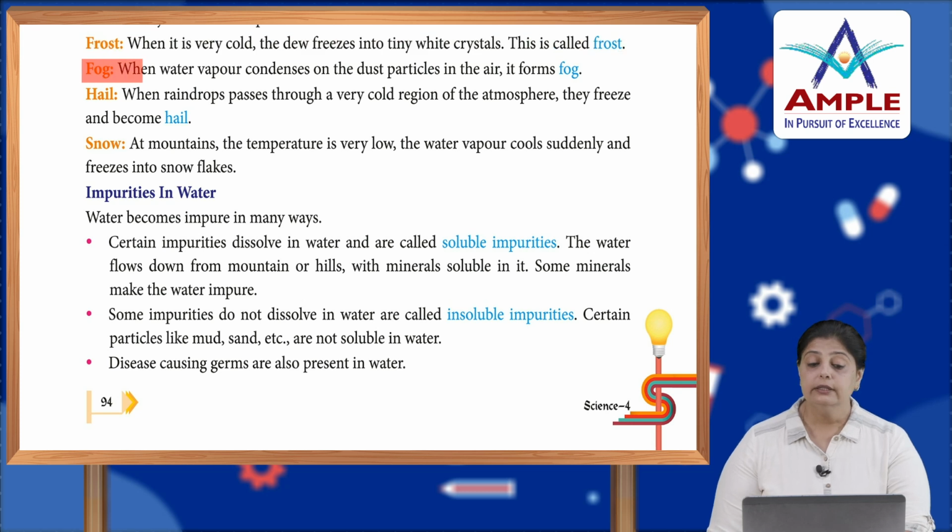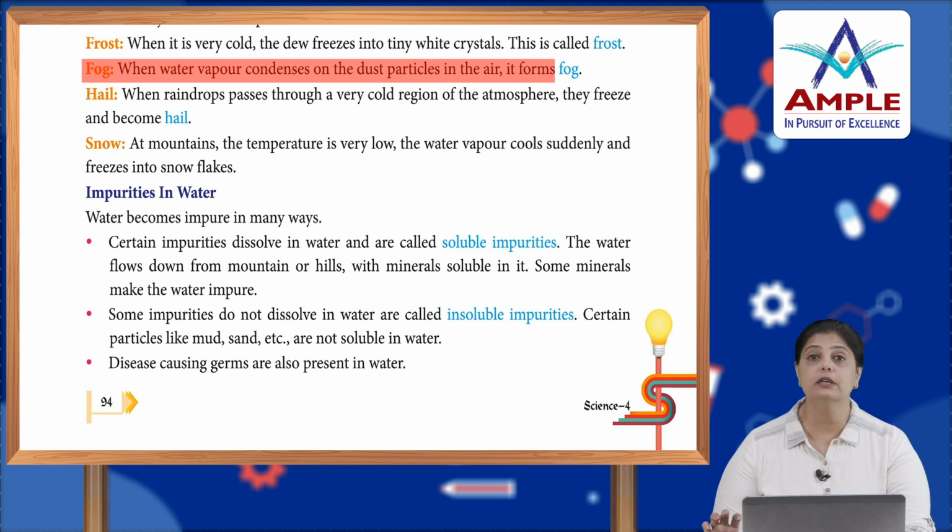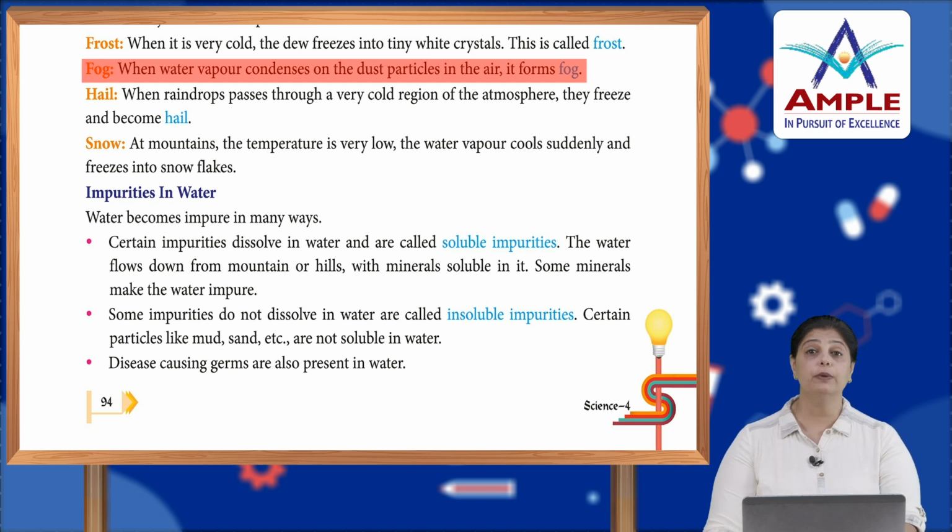Then, when the water vapor condenses on the dust particles in the air, it forms fog. You must have seen dense fog during winters. That is because the water vapor condenses, that means it changes from water vapor upon cooling into water, and sits on the dust particles in the air.